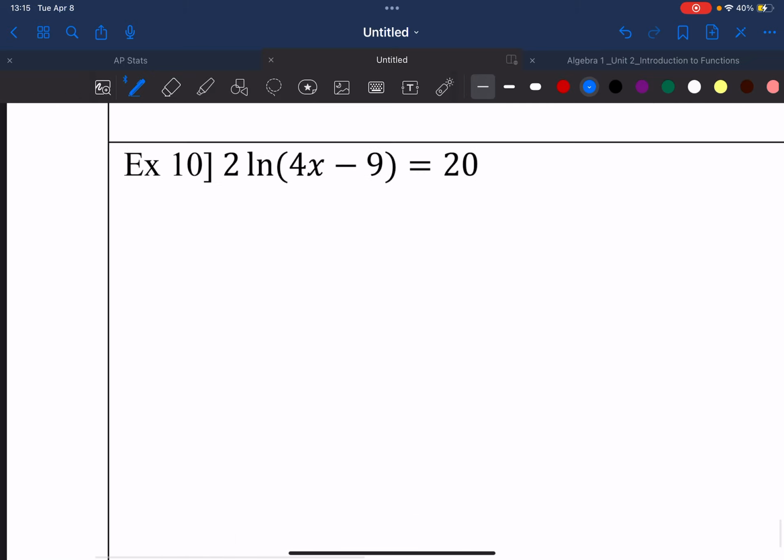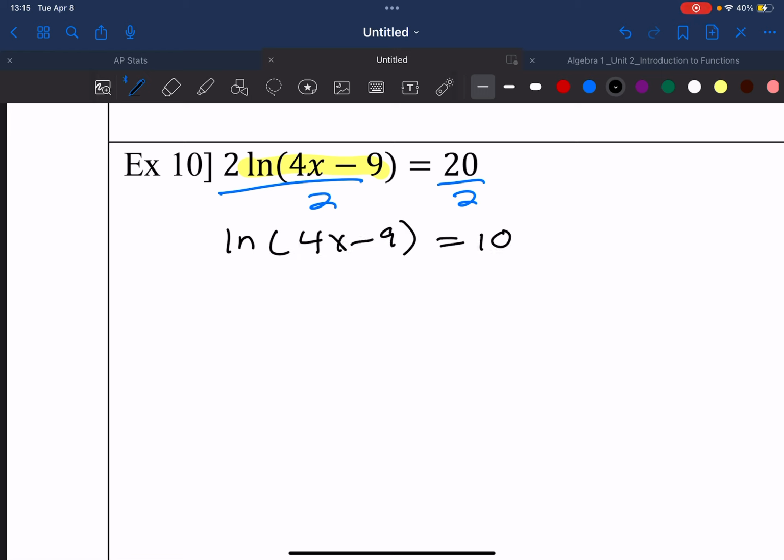Number 10, before we can do anything, we need to make sure our natural log is by itself. So first I need to divide both sides by 2. I get natural log of 4x minus 9 is equal to 10. And then I take e of both sides, which means those now become the exponents. e to the natural log cancels out, and I'm left with 4x minus 9 is equal to e to the 10th power.